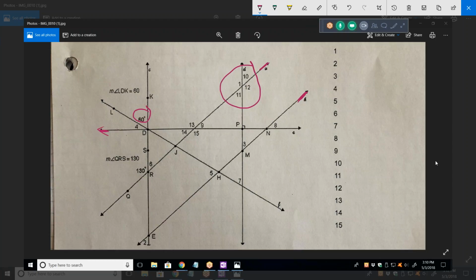So what's angle 4? 30 degrees. Okay. In other words, on problems like this, what you do is whatever you can do for starters. Now, let's see what else we can figure out. How about angle 6? Angle 6. Wouldn't it be 50 degrees?